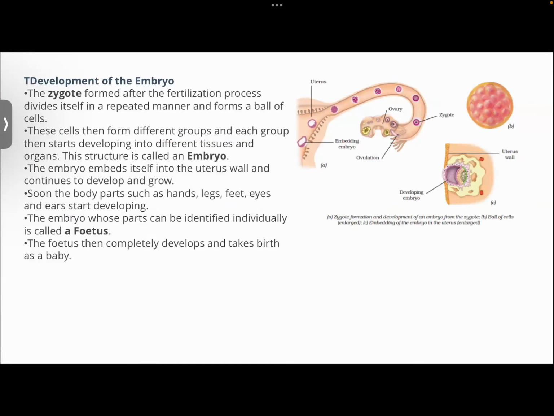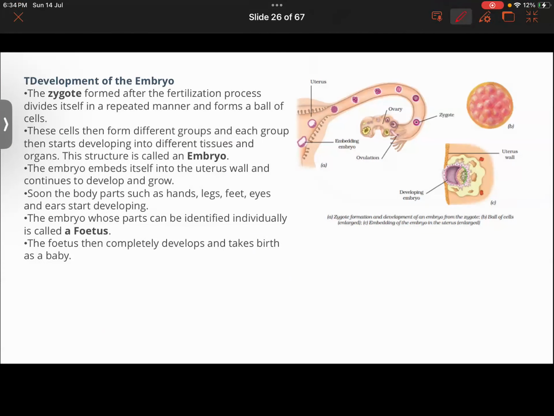Alif, read the given paragraph. Development of embryo. The zygote formed after the fertilization process divides itself in a repeated manner and forms a ball of cells. These cells then form different groups, and each group then starts developing into different tissues and organs. This structure is called an embryo.